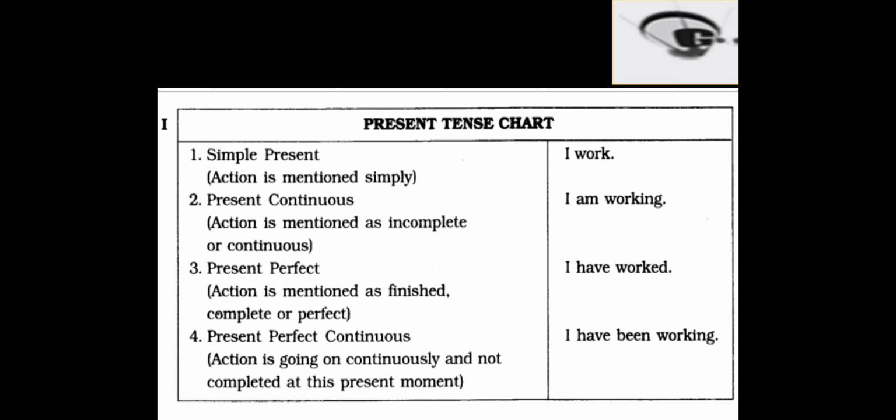Present perfect tense is the tense where action is mentioned as finished, complete, or totally perfect. For example, I have worked. And present perfect continuous tense is the tense where action is going on continuously and not completed at this present moment. For example, I have been working.